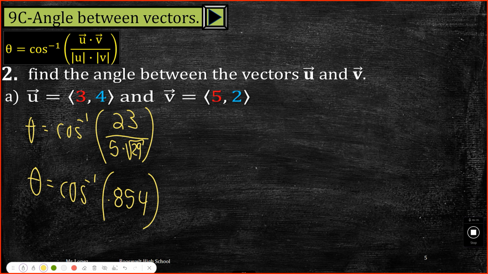And the angle seems to be about what? Theta equals what? Cosine inverse of this. What are you getting? 31.35, whatever.